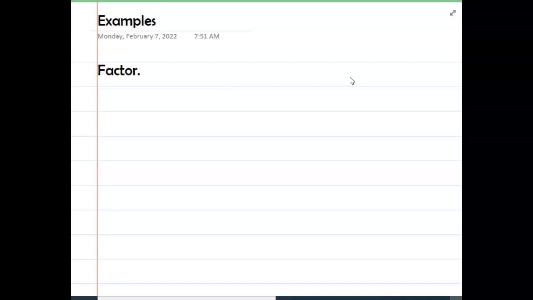Once again, I want you to be familiar with the box method, but as soon as you understand both of them, you'll probably choose the airplane method just because it's a lot quicker, a lot simpler, a lot less steps. But that being said, if you like the box method, go for it. Okay? So the first two, we'll do the box method. So number one, let's do 2w squared plus 13w plus 15.